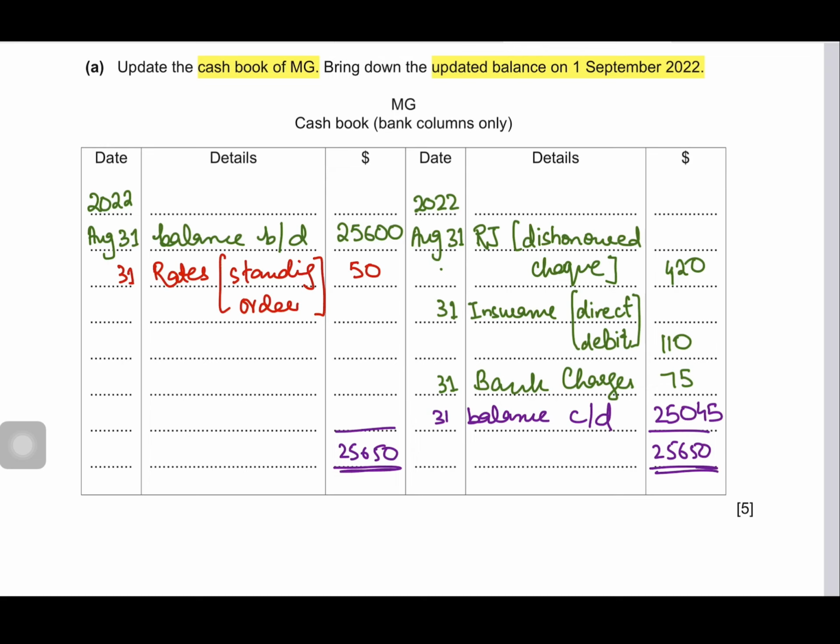So this is reconciling with my bank reconciliation statement. And lastly, I was also supposed to bring down the balance on 1st September. So the September 1st balance brought down would be 25,045.